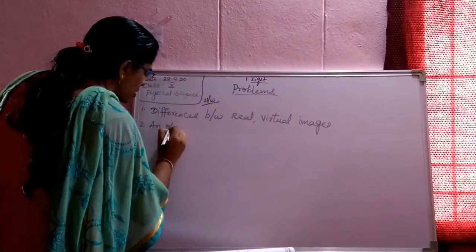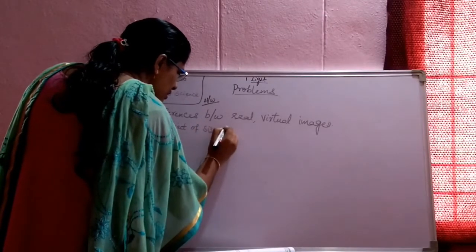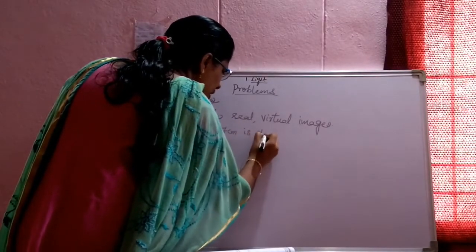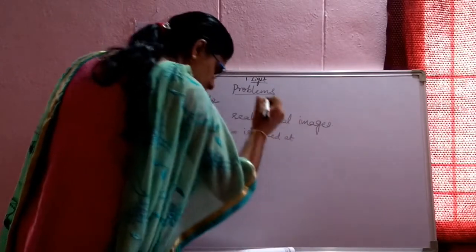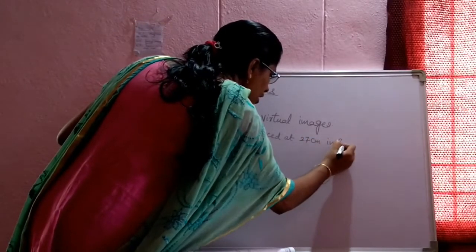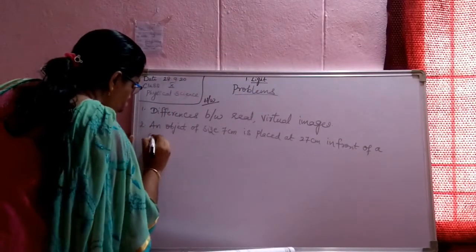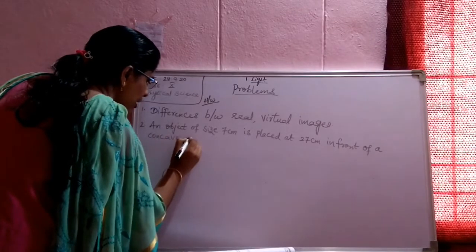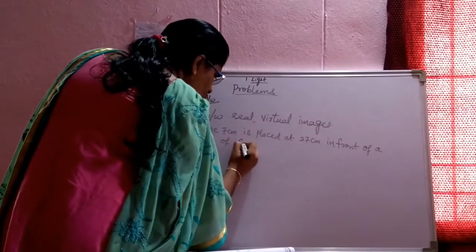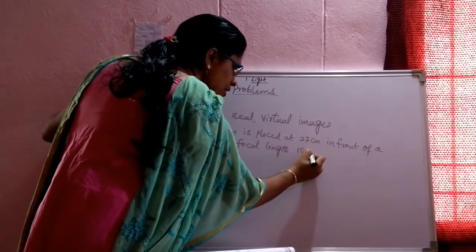An object of size 7 centimeters is placed at 27 centimeters in front of a concave mirror of focal length 18 centimeters.